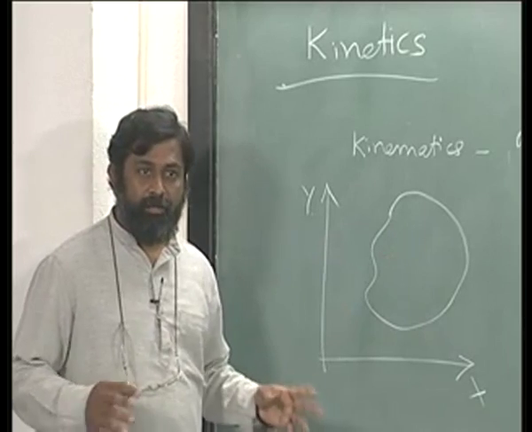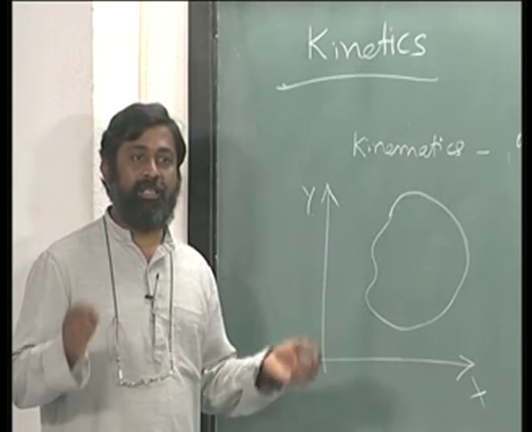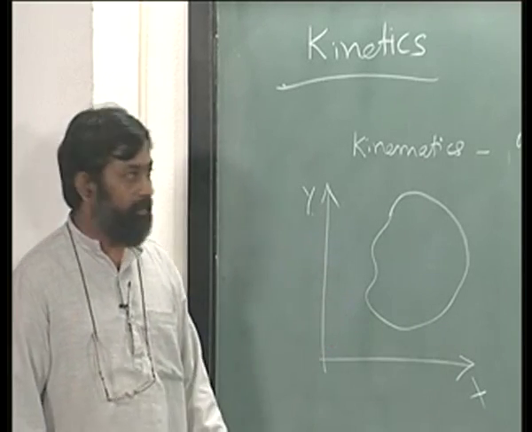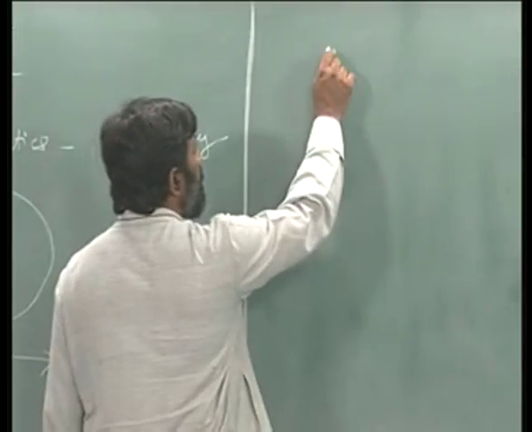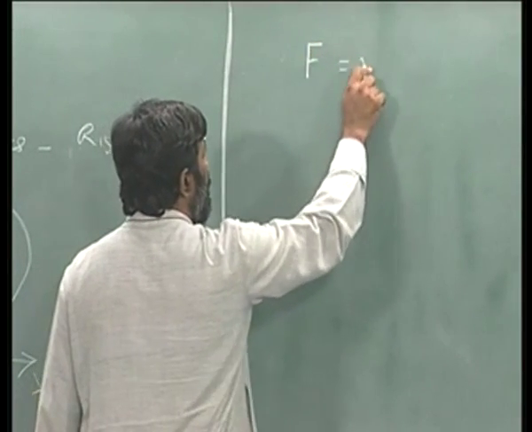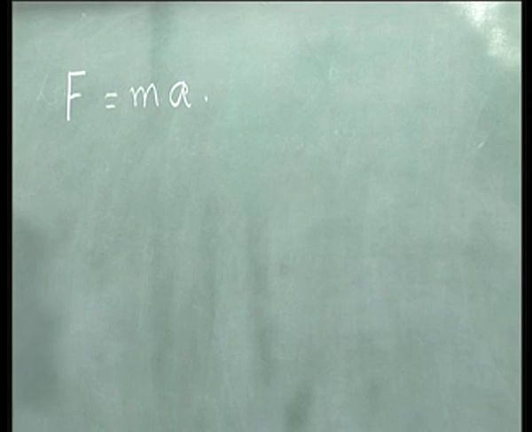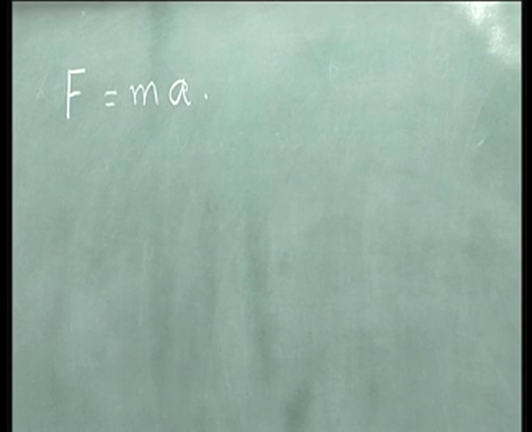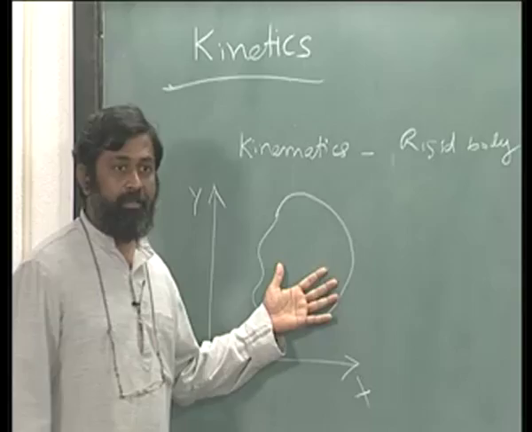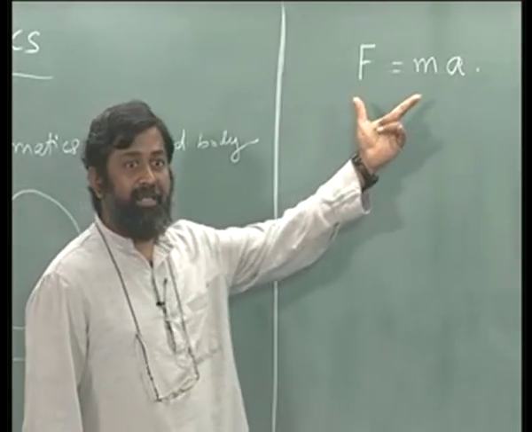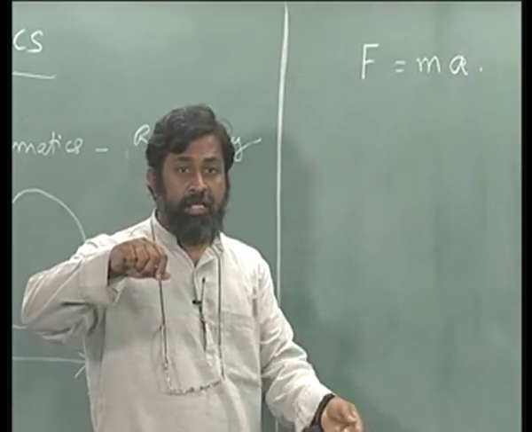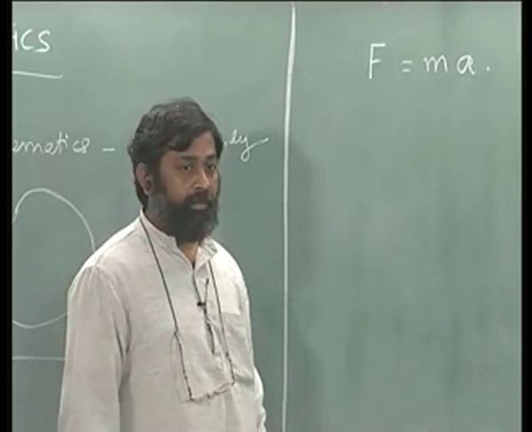Now, when I say equilibrium here, I am talking about satisfying Newton's laws, okay. And what does Newton's law state? F is equal to ma, right. There are two things that happen here. This is okay for a particle because there is no resultant moment that we are looking at.